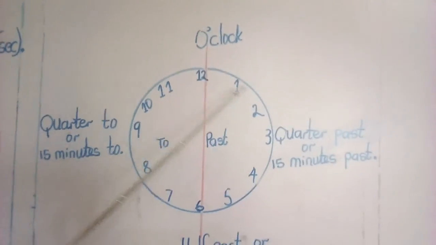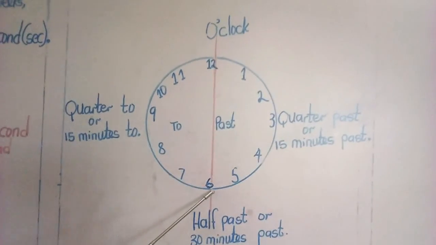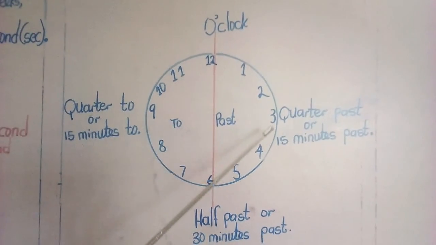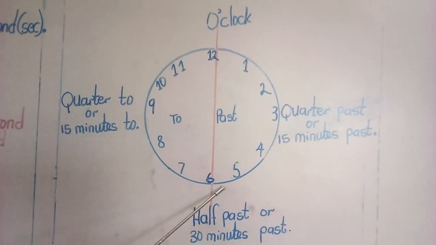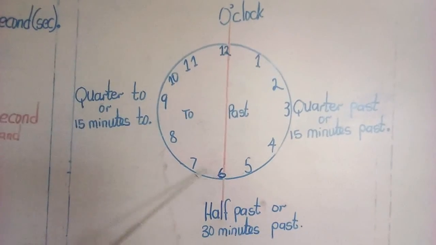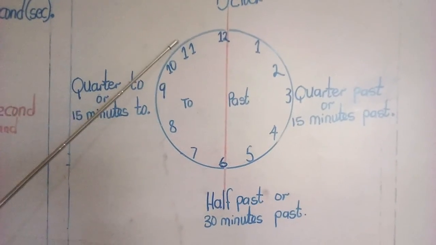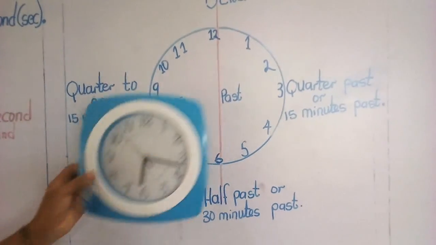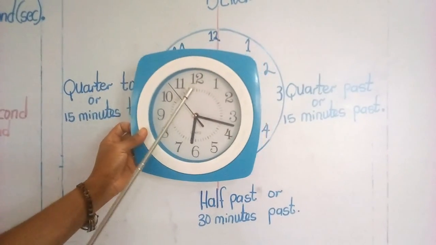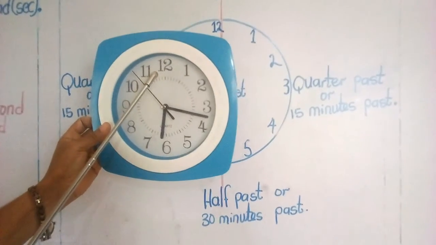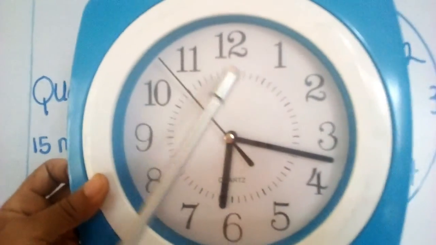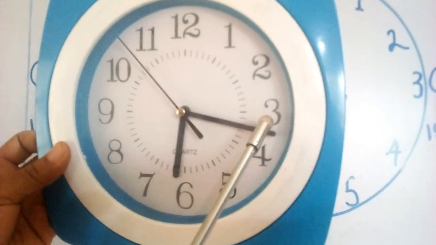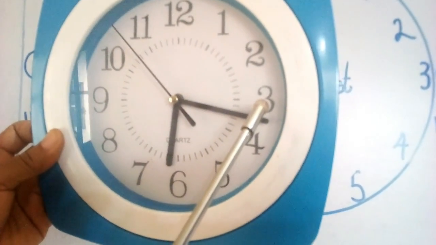We'll also say that the clock is divided into 2 parts. This side, from 12 to 6, is called past. So whenever the minute hand is moving this way, we call it past. And when it moves from 6 to 7, 8, 9, 10, 11, we call it to. When the minute hand is exactly at 12, we say it's o'clock. If it moves to 3, it is quarter past or 15 minutes past.